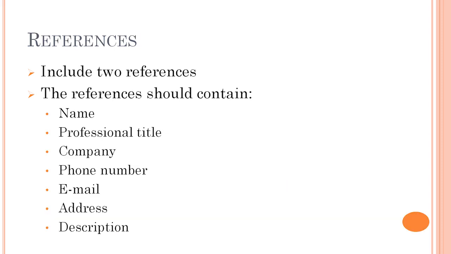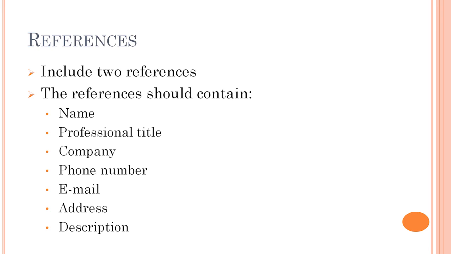Now the most relevant part to support your resume is the reference section. And here you'll have to include two references. The references should contain the name of the person, professional title, the company or the organization he is working for, his phone number, email address, and his local address, I mean his residential address.